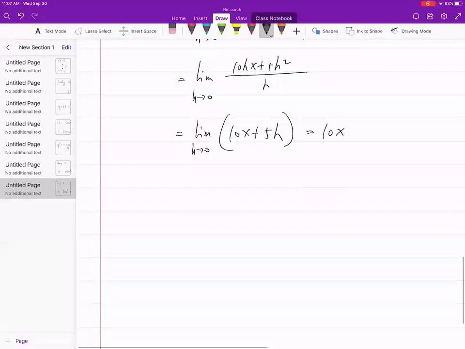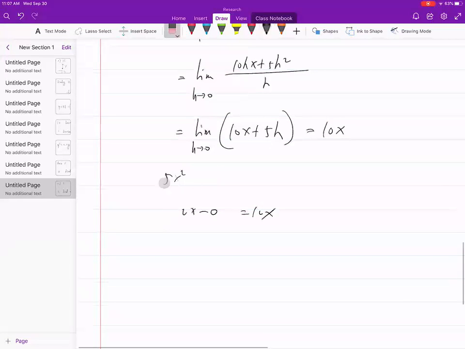Now you see the problem. We did all the trouble just to find the derivative of this. Now remember, it's a piece of cake. It's 5 times 2x minus 0, which is 10x. You see the power of using a formula, which is basically doing the same thing once and then memorizing it. Okay, good.